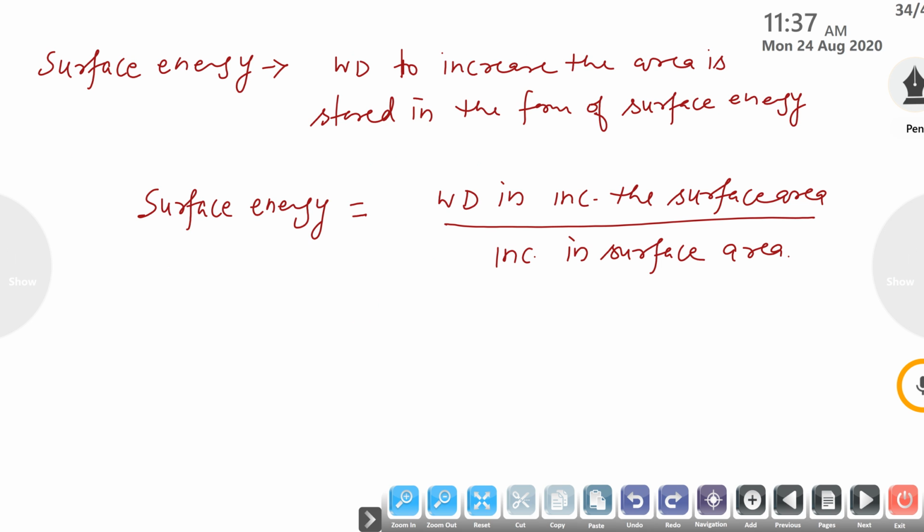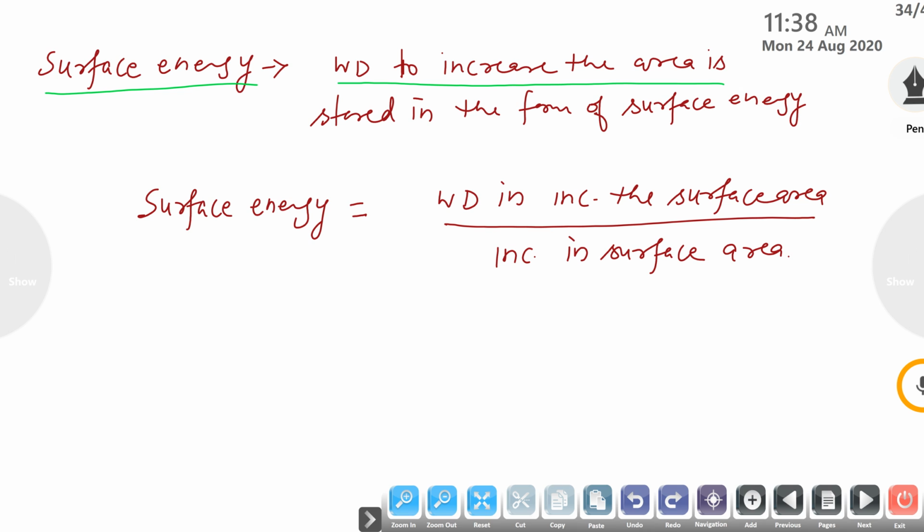Next is surface energy. If you apply surface tension, which is a simple force, then the work done to increase the area is stored in the form of surface energy.